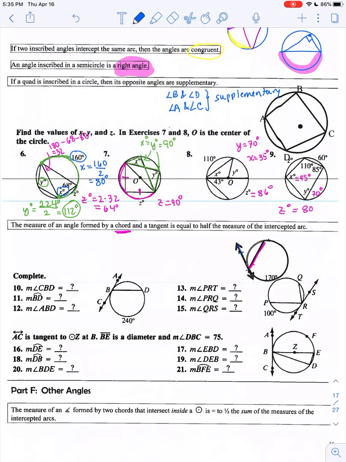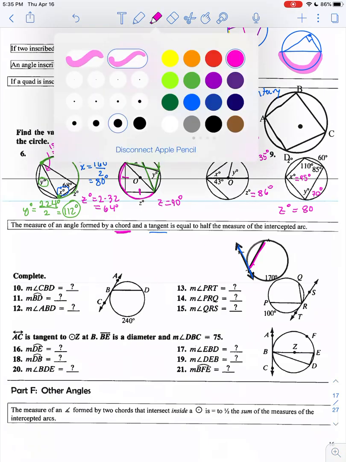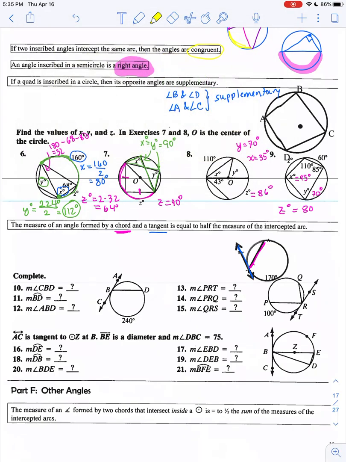And then the tangent I will make in blue. So the angle that's formed by that is equal to half the measure of the intercepted arc. And the intercepted arc I will highlight yellow. So the angle is half of this measure right here. Okay, so in number 10, 11, 12, I'm going to go ahead and do that with you guys.